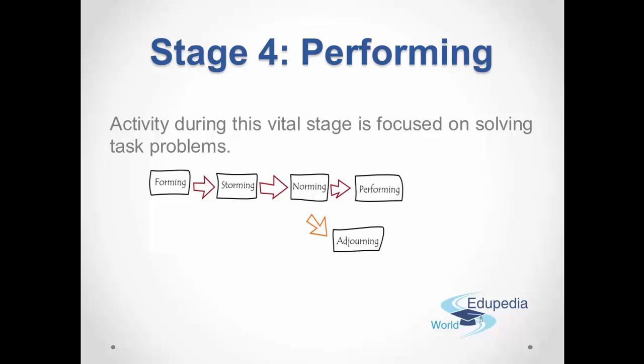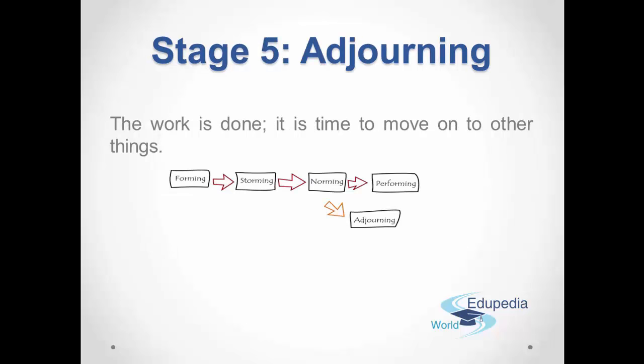Conflicts and job boundary disputes are handled constructively and efficiently. Cohesiveness and personal commitment to group goals help the group achieve more than what any one individual acting alone could achieve. Adjourning. The work is done at this stage and it is time to move on to other things.